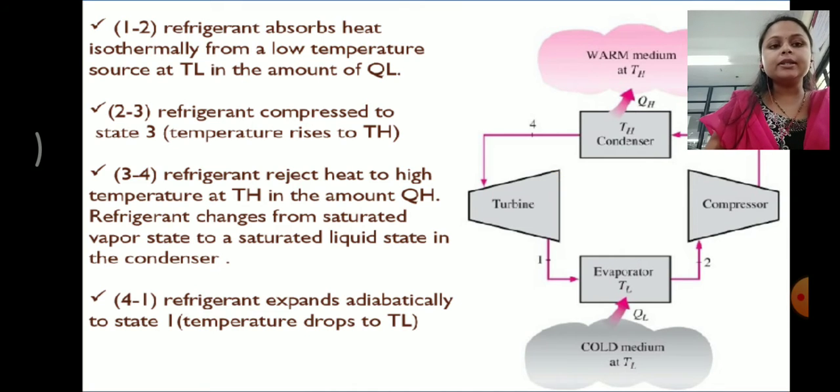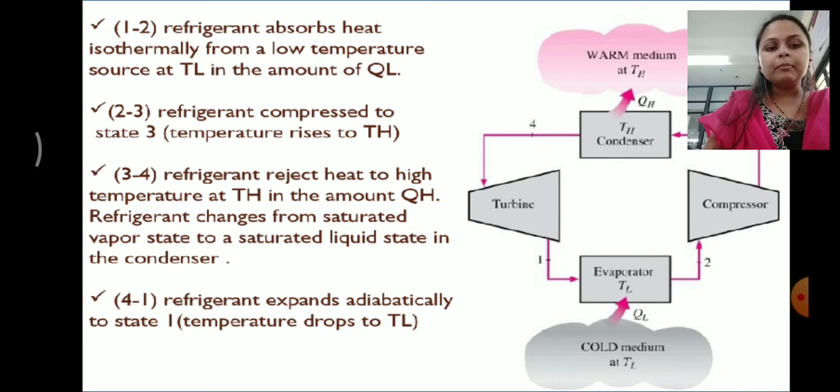high temperature and high pressure liquid refrigerant enters into the turbine, where what happens? There is an expansion of that liquid, and because of that the temperature is decreased in the turbine and also the pressure is decreased.